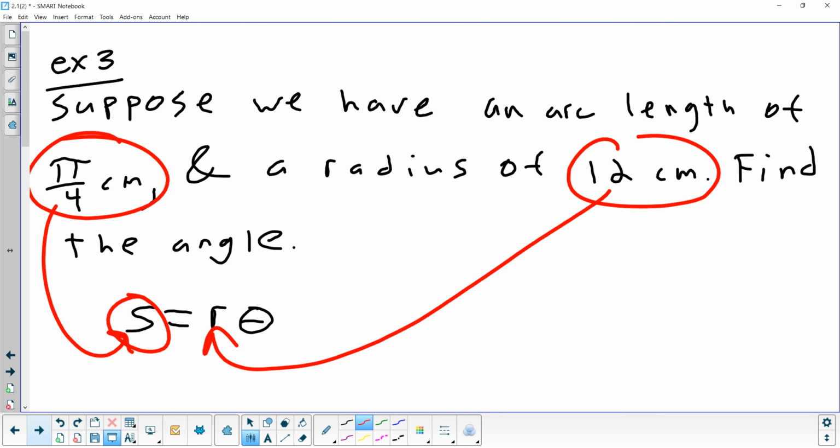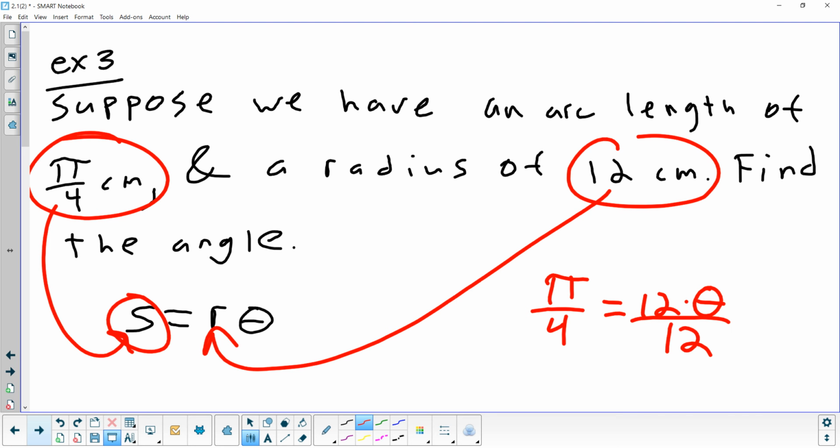So we're just going to fill that in for R, and theta is what we don't know. So we've got pi over 4 equals 12 theta. And Pete, how do I undo multiplication here and move that 12 over to the other side? Divide. Yeah, good. We're going to divide.